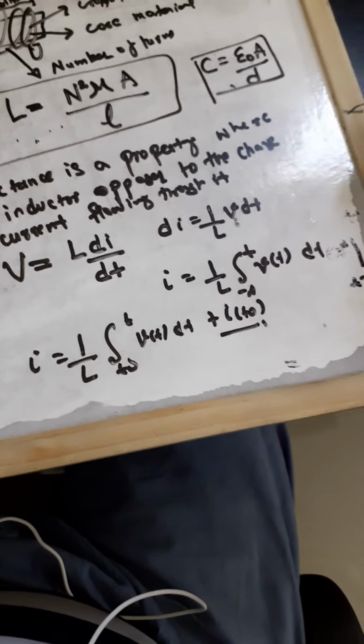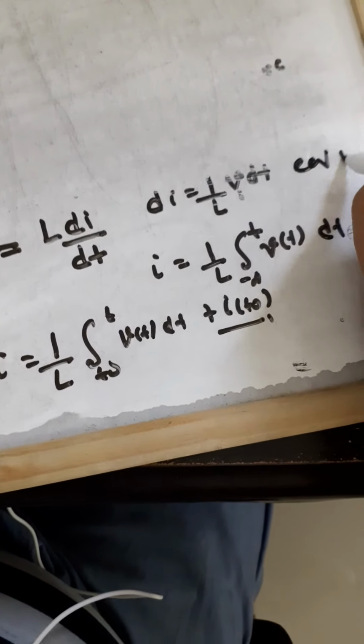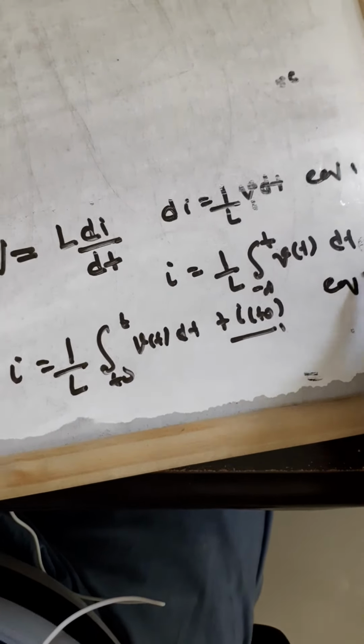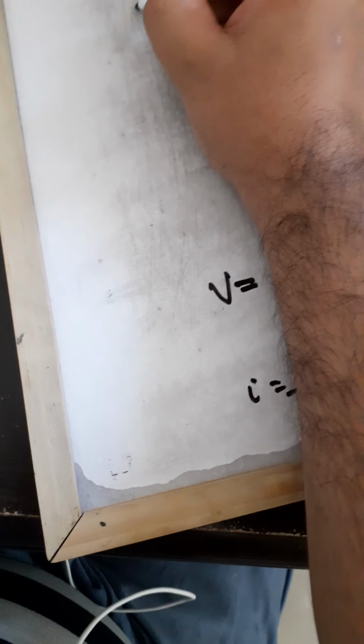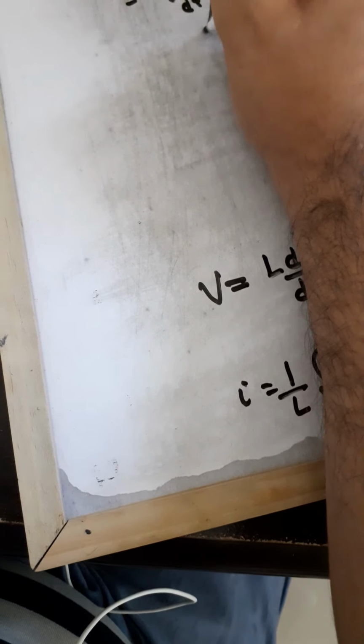So again, your power P is equal to V into I. From these equations, this is my equation 1 and equation 2. From equation 1, for power we can write P is equal to V into I, and we know that V is L di by dt, so P is L di by dt into i.